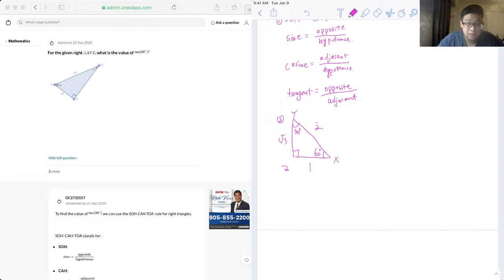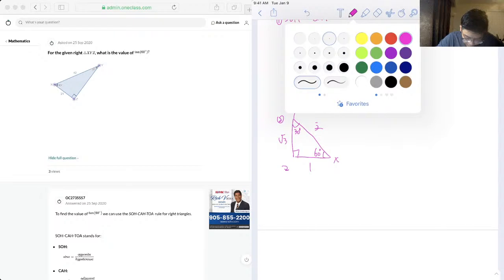And note that we can always multiply each side by some number, while the right triangle maintains the same property, which means it maintains the same angles. I'll write it down here.